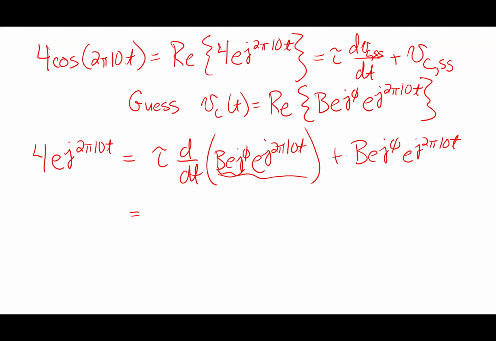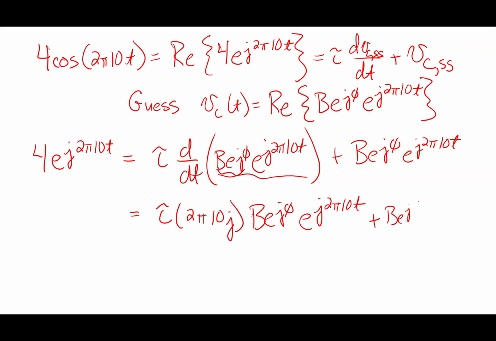So when I take the derivative, I'm just taking the derivative of a constant times e to the something t, and I bring something down. So this becomes tau times 2 pi 10 j b e to the j phi e to the j 2 pi 10t plus b e to the j phi e to the j 2 pi 10t.